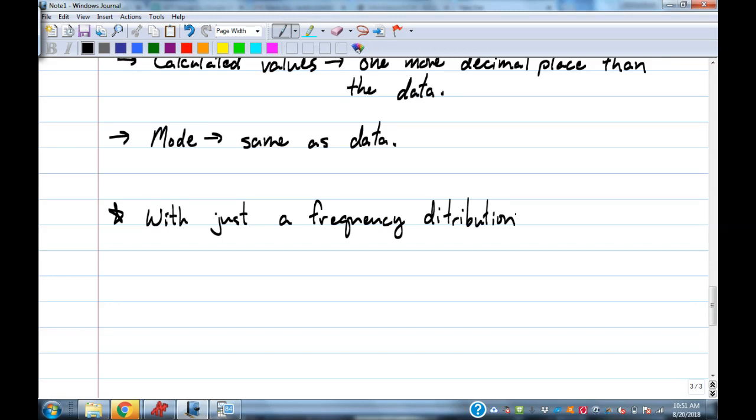Now, that's where we got to get. Okay, with just a frequency distribution, if we want to find the mean, the first thing we got to do is find the class midpoints.